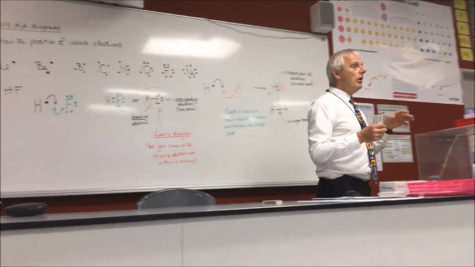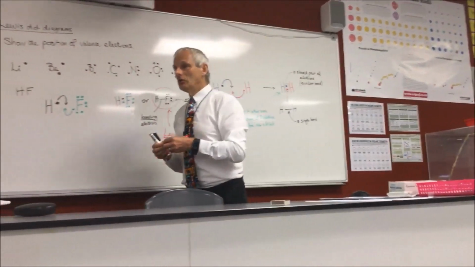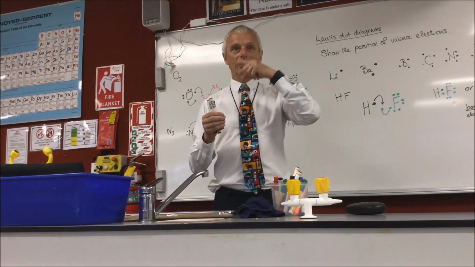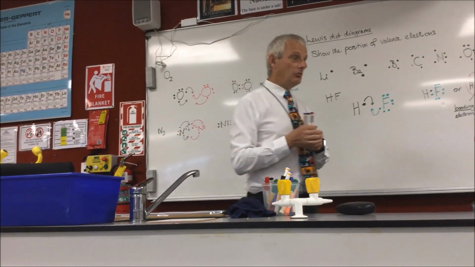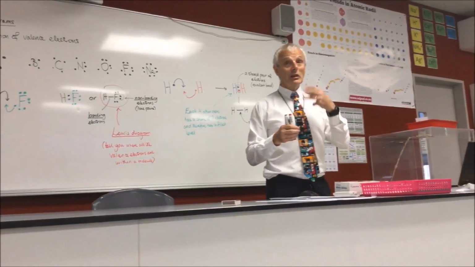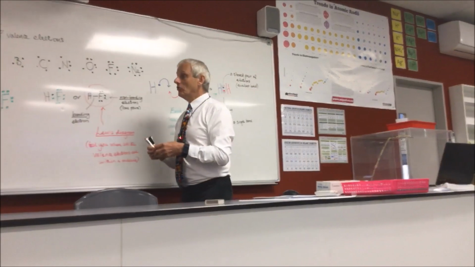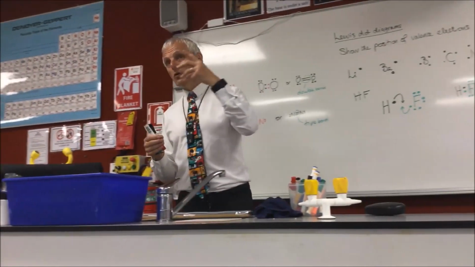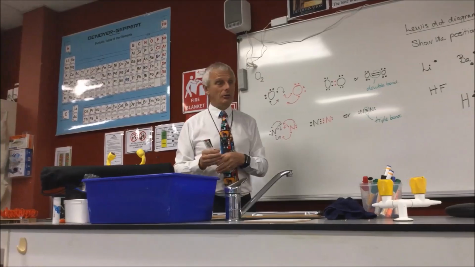Now, as part of the prescription for this standard, you will not get any more than 4 atoms around the central atom. Those of you that go on to do chemistry next year, which I hope is all of you, you'll see that that will get extended because you can actually get more than 4 in some cases. But this year you're going to have a central atom with no more than 4 atoms around it. They might be less, and we're going to look at how that works in a while.